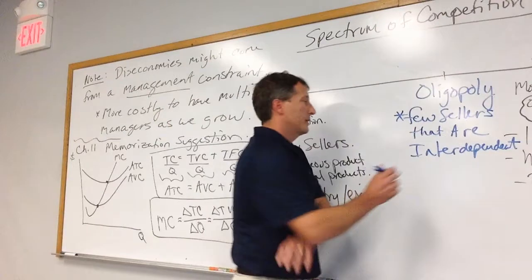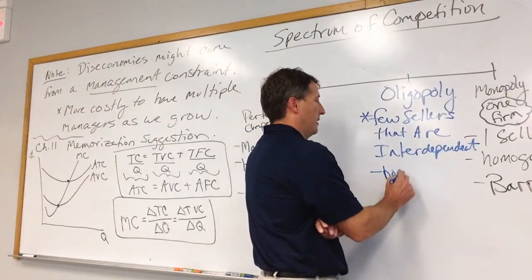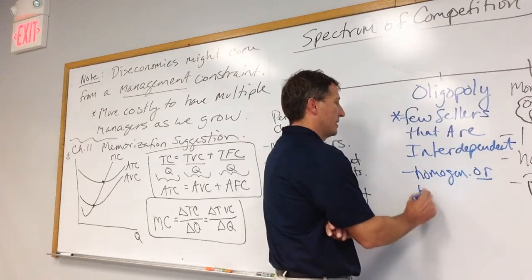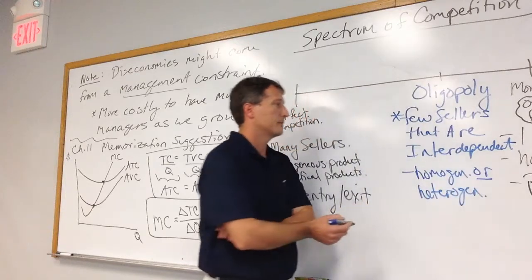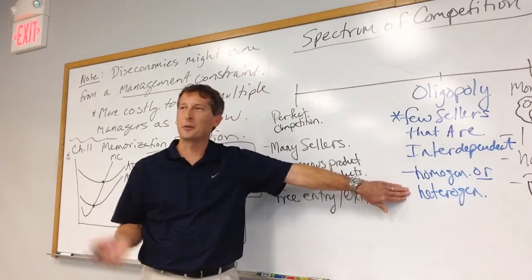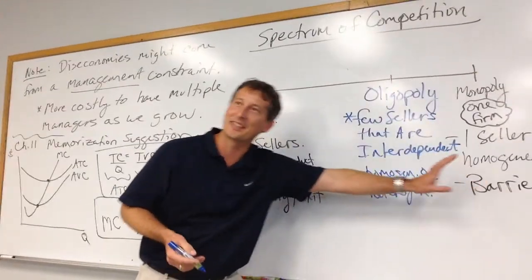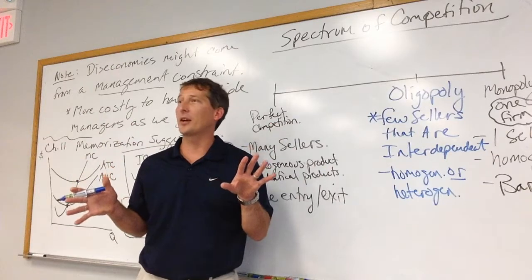These few sellers have a homogeneous good or heterogeneous good. Heterogeneous means differentiated. I usually do this one first, but you guys took me in this direction today. So, in other words, the goods can be slightly different from each other.